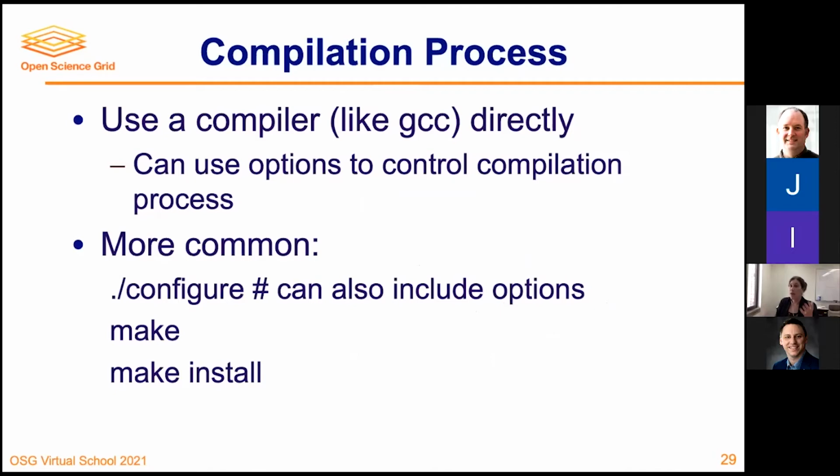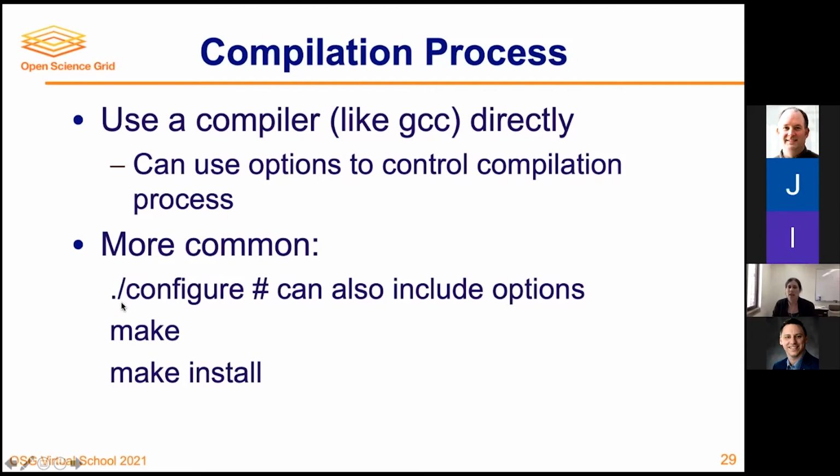So you can either download, but if you're compiling, you might be using a compiling tool like GCC directly. More frequently, software programs will have this three-step process where you run a configuration script, a make step, which runs a lot of different compilation commands in the right order, and then some kind of installation command, which takes the compiled code and puts it in a final location.